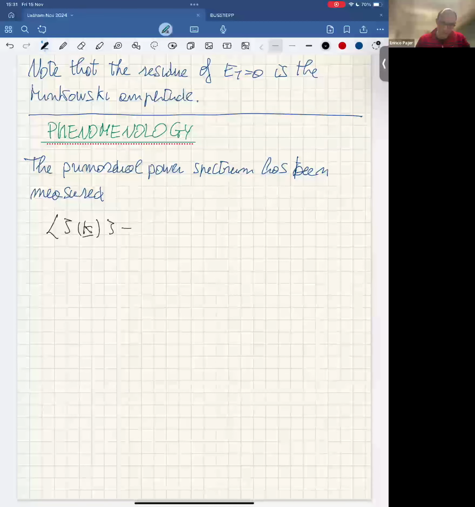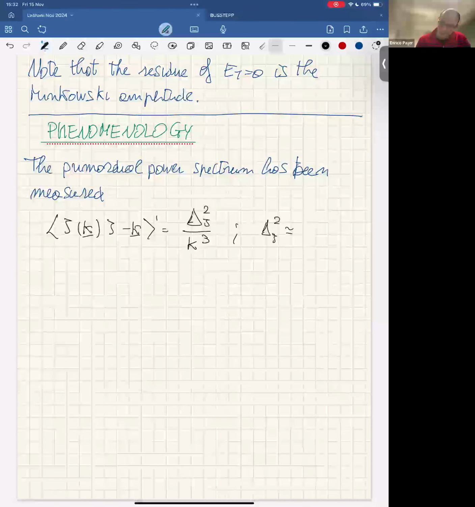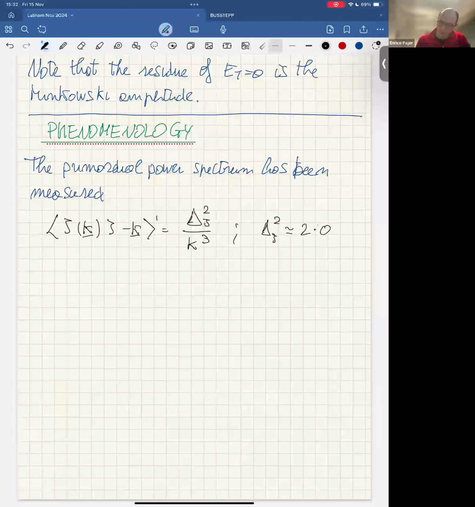Zeta of k, zeta of minus k. Remember, there is a delta function that I dropped. This is some amplitude divided by k cubed, and the amplitude has been measured to be of order 10 to the minus 9, so much smaller than 1.